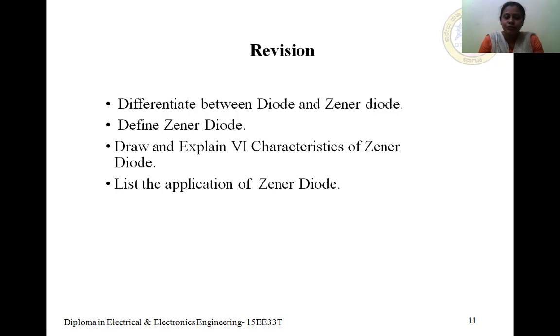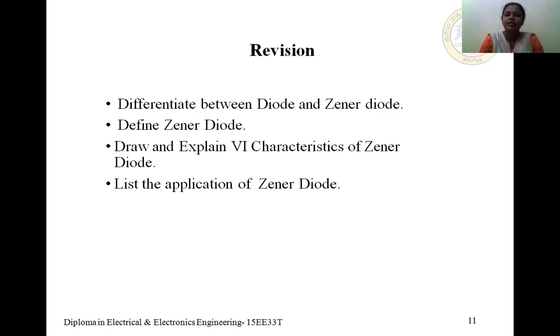Next, the fifth point, comparing the operation: a diode operates in the forward biased condition, whereas a Zener diode operates in the reverse biased condition. So these are certain differences between the diode and the Zener diode.